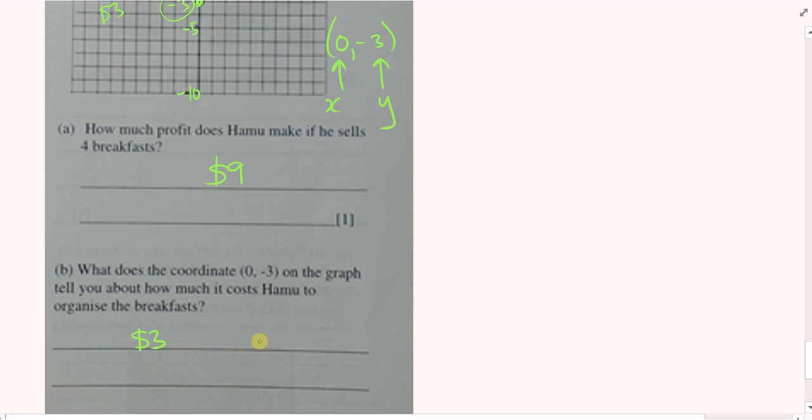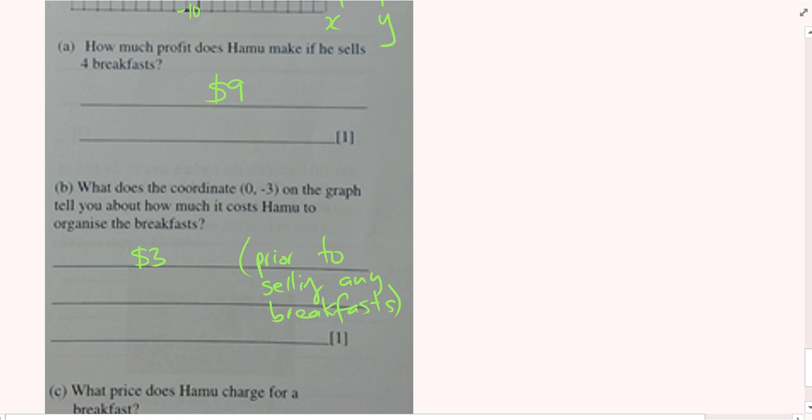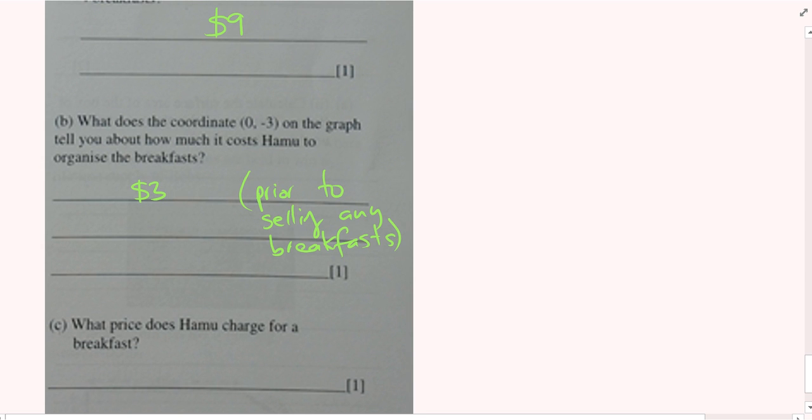So this is prior to selling any breakfasts. So it's going to cost him $3 to organise the breakfasts. And the last question is asking us, what price does Hamu charge for a breakfast?